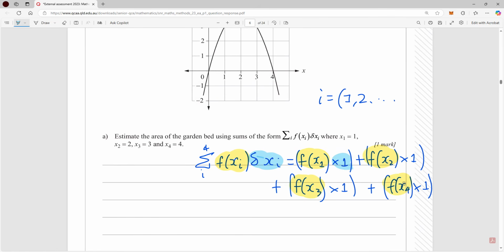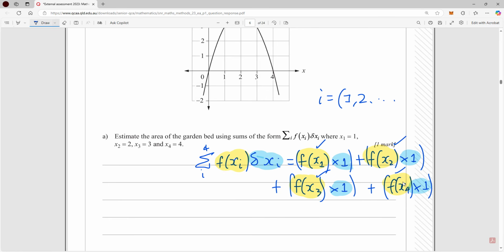Now you can see I substituted in values for i, starting at 1 all the way up to 4, and that's what it represents, okay? So all we need to do is figure out what these are all the way up to there, and just add them all together, because they're all getting times by 1.